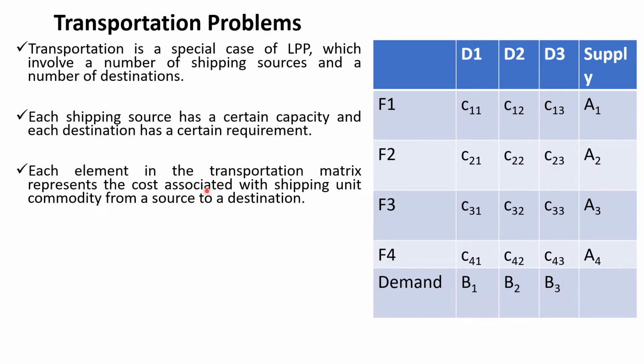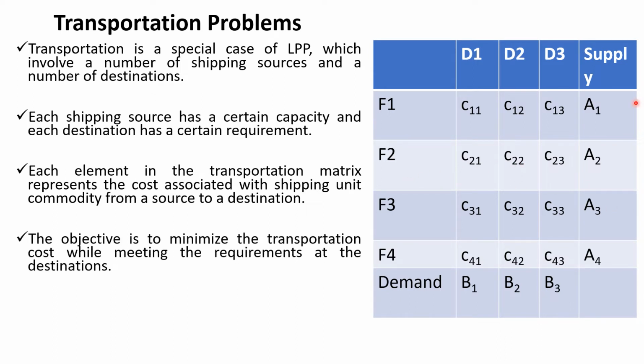Now each element in the transportation matrix represents the cost associated with shipping unit commodity from a source to a destination. That's what we have seen. So all these represent the unit transportation cost. C's represent the unit transportation cost to transport a single commodity from a particular source to a particular destination. The objective is to minimize the transportation cost.